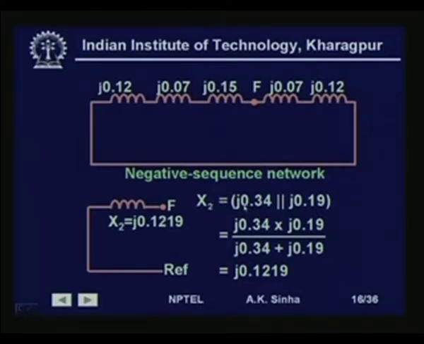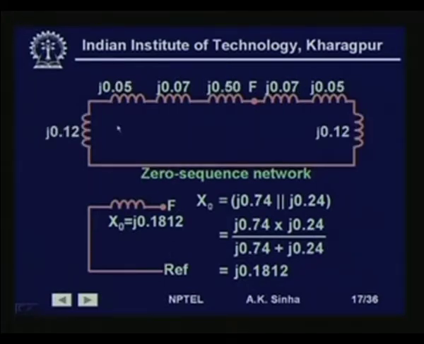This again comes out to be the same thing, j0.34 in parallel with j0.19, which gives us j0.1219. So, this is the reduced negative sequence network for the system with respect to the fault point.